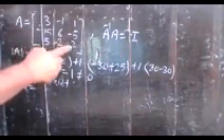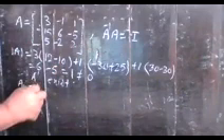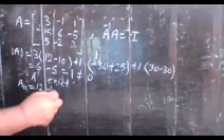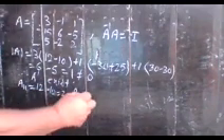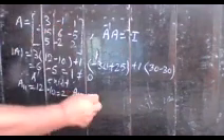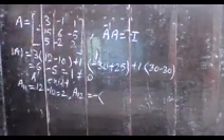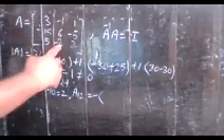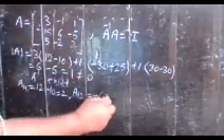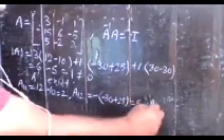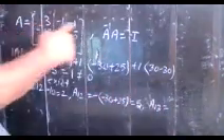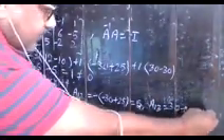For A11, eliminating the first row and first column, you have 12 minus 10, which is equal to 2. That is the value of A11. Now A12 is odd, so you write a minus sign, eliminating first row and second column: minus 30 plus 25, which is equal to 5. Now A13: 30 minus 30, so that is 0.